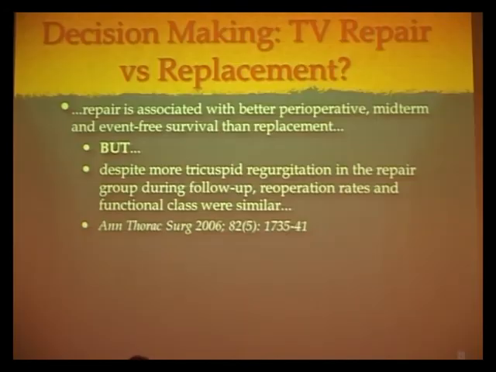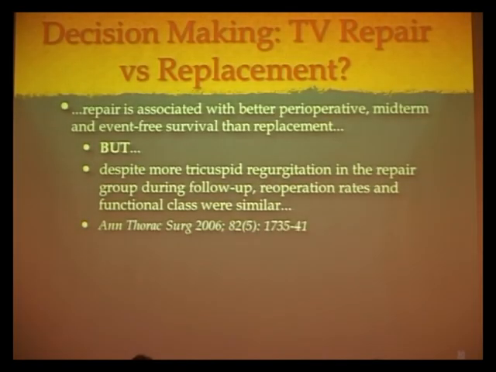In decision making of tricuspid valve repair versus replacement, I'll mention a little bit about that. Repair is associated with better perioperative, midterm, and event-free survival than replacement. This is a common idea at the moment. But despite more tricuspid regurgitation in the repair group during the follow-up, reoperation rates and functional class were similar.